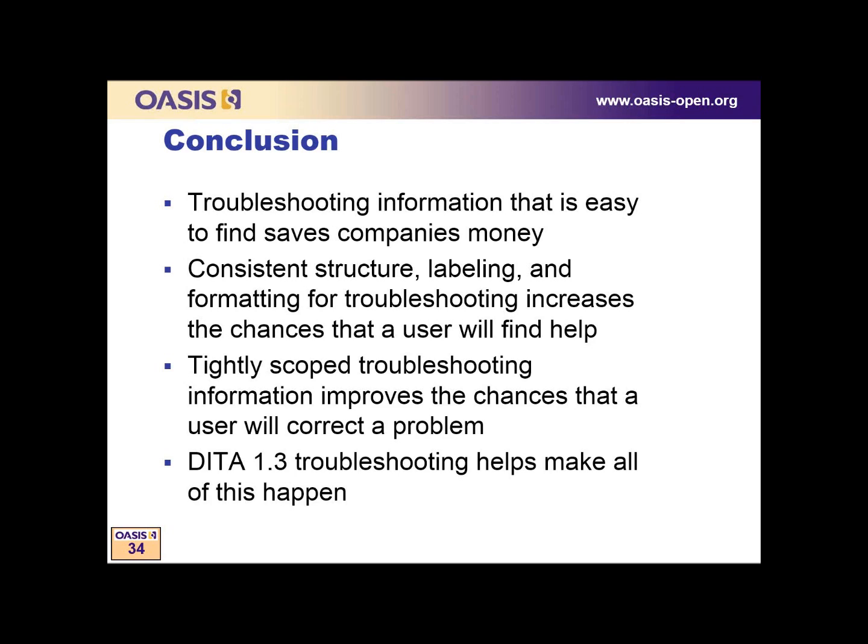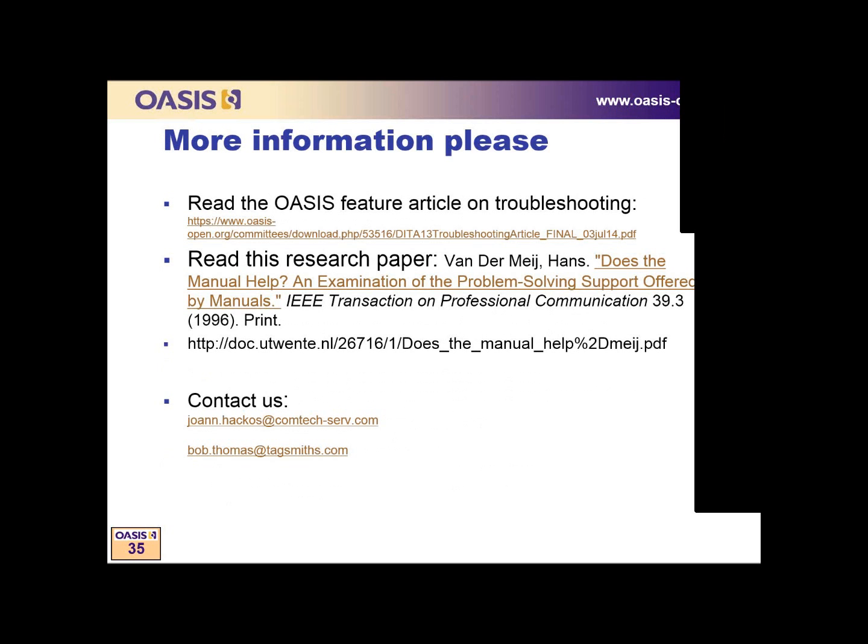The consistent structure, labeling, and formatting for troubleshooting really improves the odds that the user is going to find some help. The tightly scoped information improves the chances that the user is going to be able to correct a problem. The DITA 1.3 troubleshooting topic and the embedded elements really make sure that all of this is going to happen.